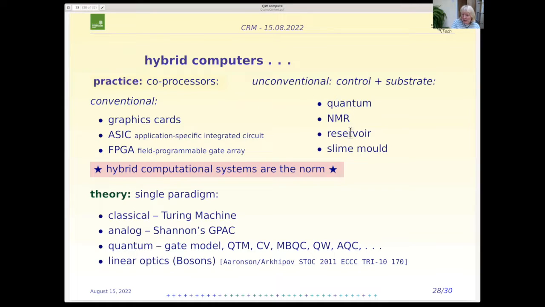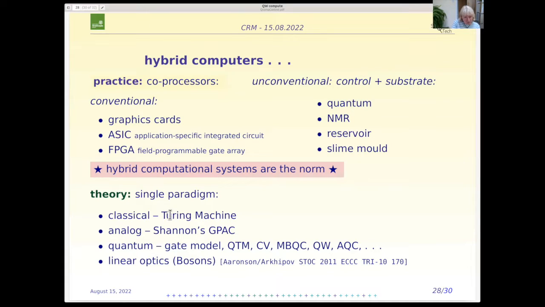And all of the unconventional ones that I was talking about are essentially a substrate and a conventional computer used as a control. So they're hybrid, however you look at it. They're the norm in practice.